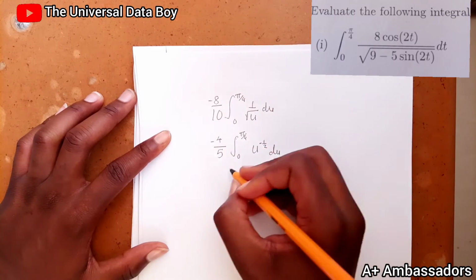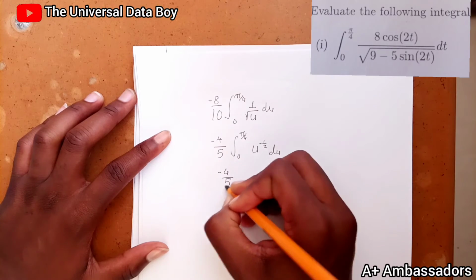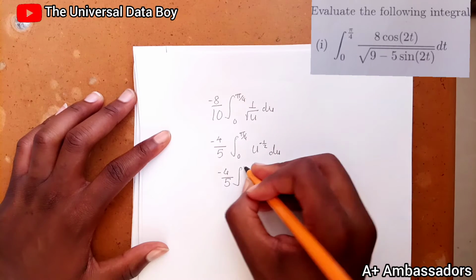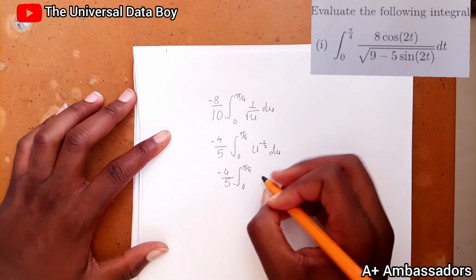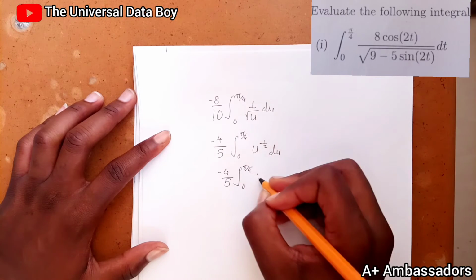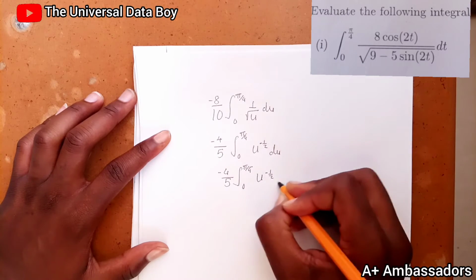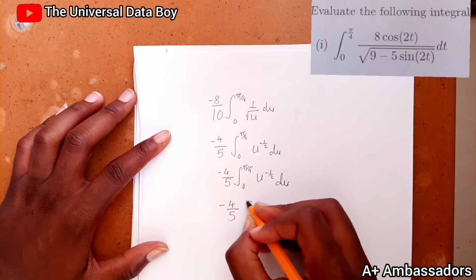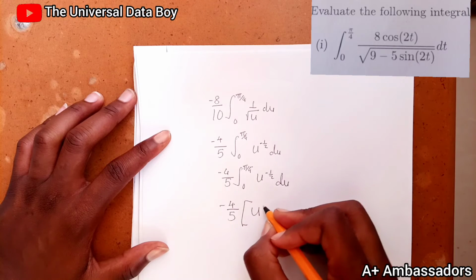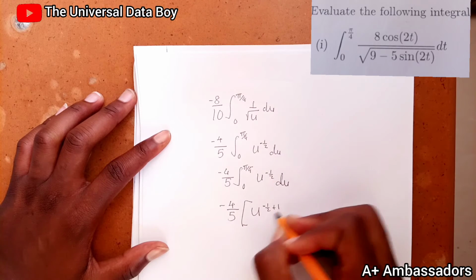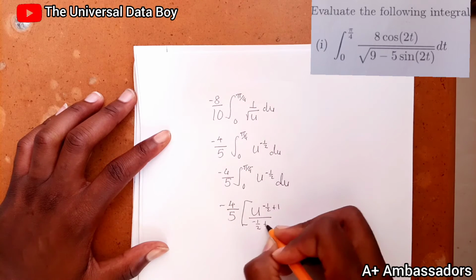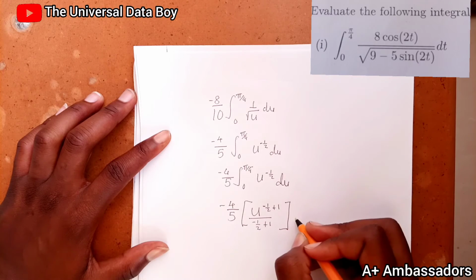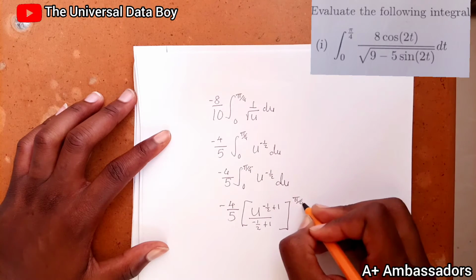So now this one, we're going to just use the power rule of integration. So we've got pi over 4 0, and then this u to the power negative 1 over 2, let me just write it down again. So now using the power rule, we are going to have u to the power negative 1 over 2 plus 1 over negative 1 over 2 plus 1 to the limits pi over 4 and 0.